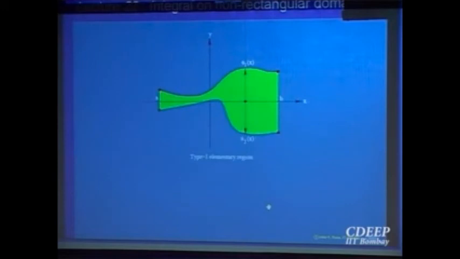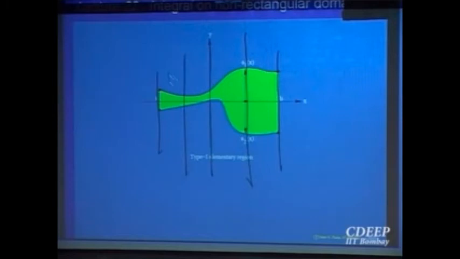So this is what the picture looks like in general. Your domain will be between some x is equal to a and x is equal to b. Any other vertical line outside this will not intersect your domain at all. Okay? And then for any point x, take a vertical line, right? Take vertical lines.